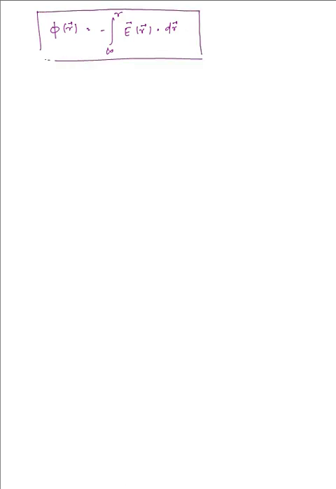So finally, we can write phi of r equal to the integral of the electric field over dr extending from infinity to any given point in consideration. That is the definition of the potential at a particular point when we take the reference point as infinity.